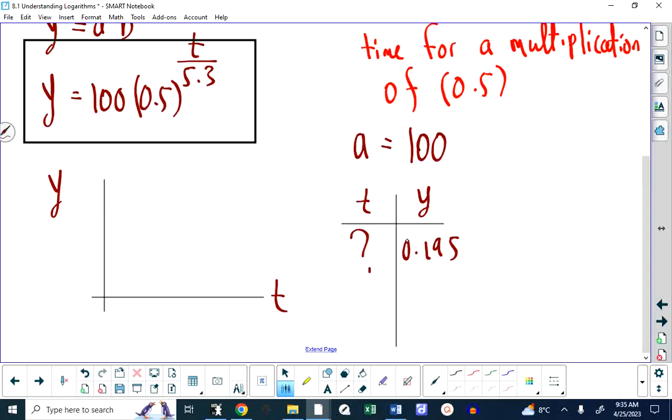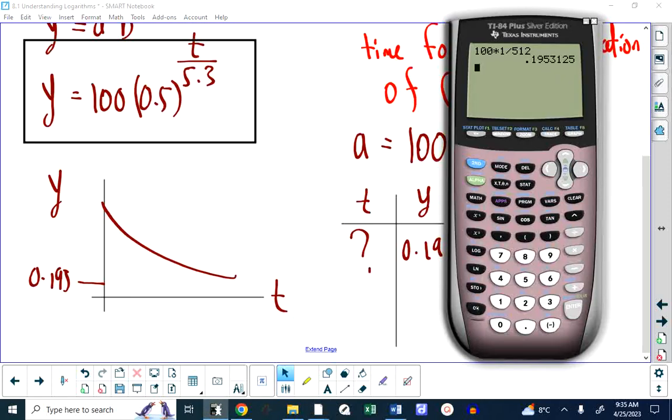But trying to solve that algebraically is not a good idea. We're going to solve it graphically. Someplace down here, and it's not that far from the axis, it's really close, is this 0.195. We want to find out where these intersect.